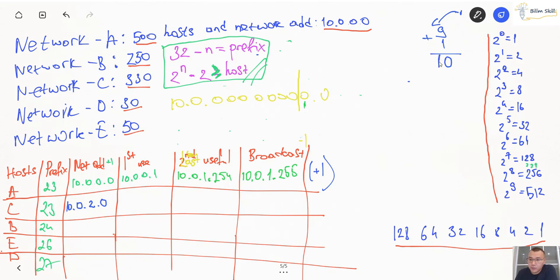Same logic: 255 means it's full. So when you add 1, it becomes 0, and 1 will be moved to the octet located before this one. So here will be 2, here will be 0, and this address will be the network address for the next network.